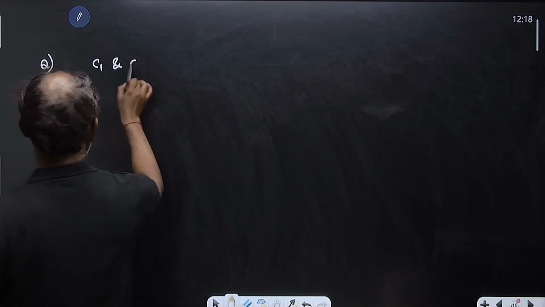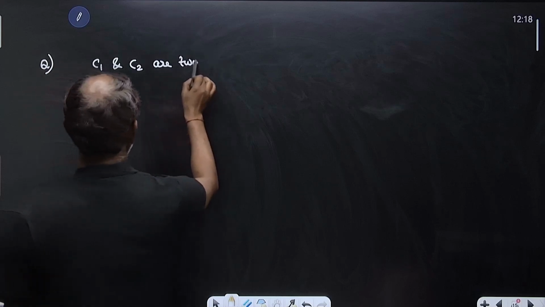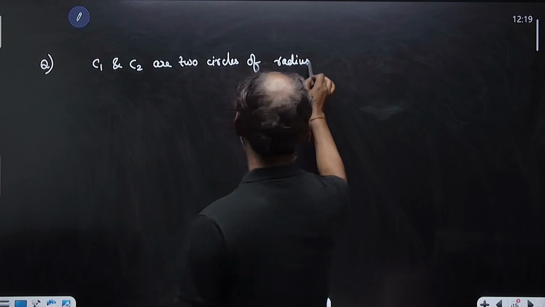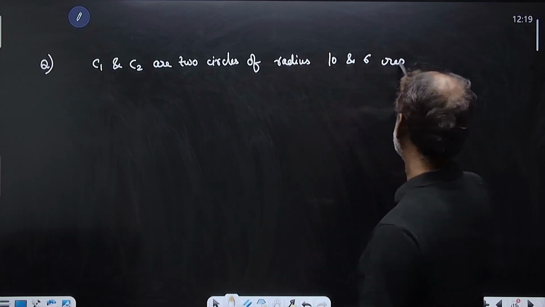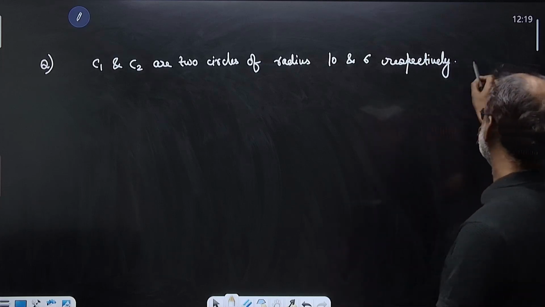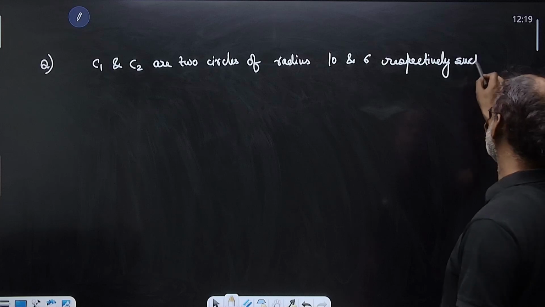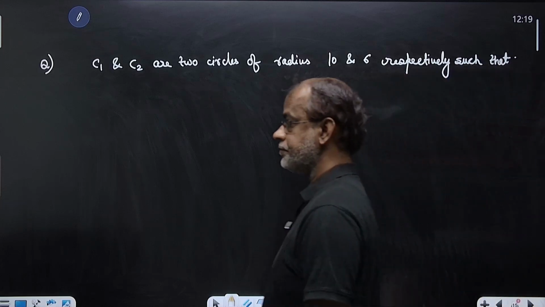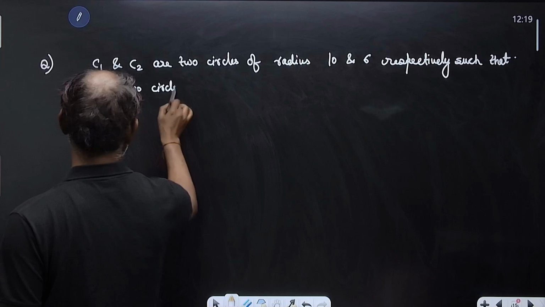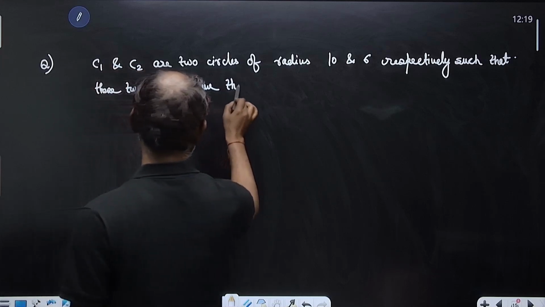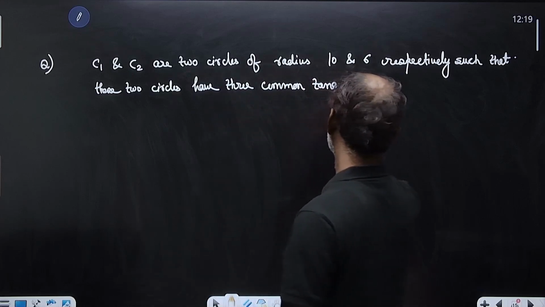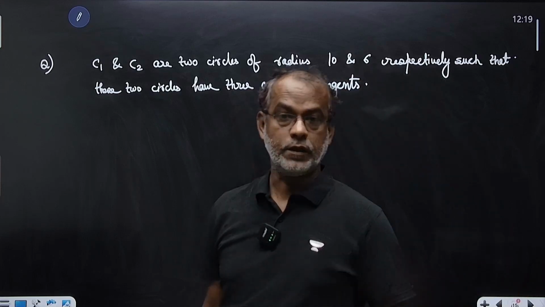C1 and C2 are two circles of radius 10 and 6 respectively, such that these two circles have three common tangents.